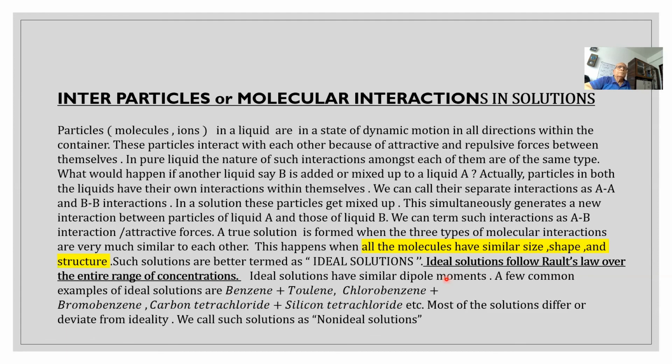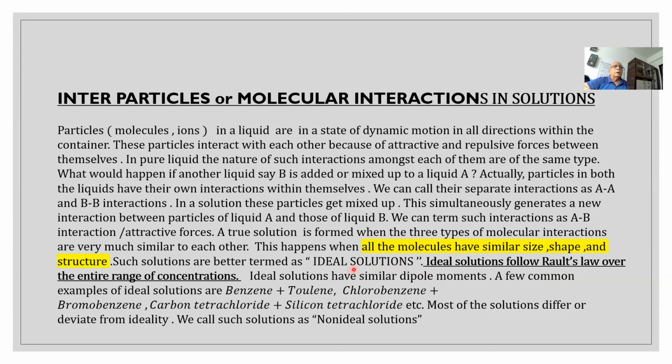But all the solutions do not follow Raoult's law, even though the solution may be there. Even though we may get the solution, it may not follow Raoult's law totally. They may be closer to Raoult's law, but there may be a difference. And such a solution which follows Raoult's law under all conditions or range of concentration is known as an ideal solution.